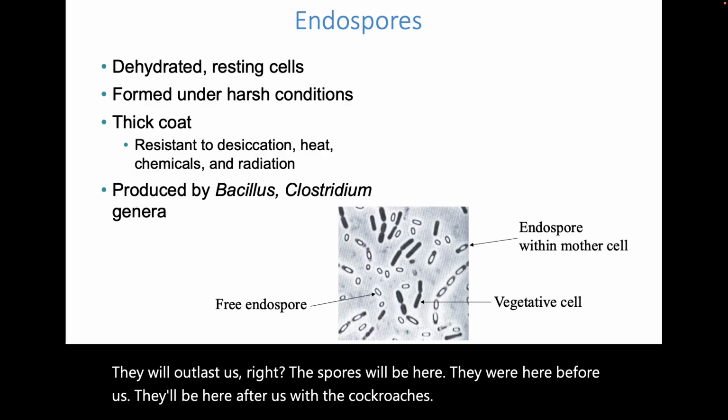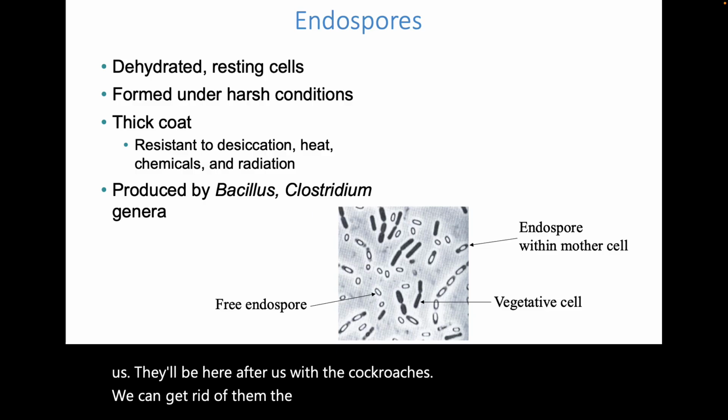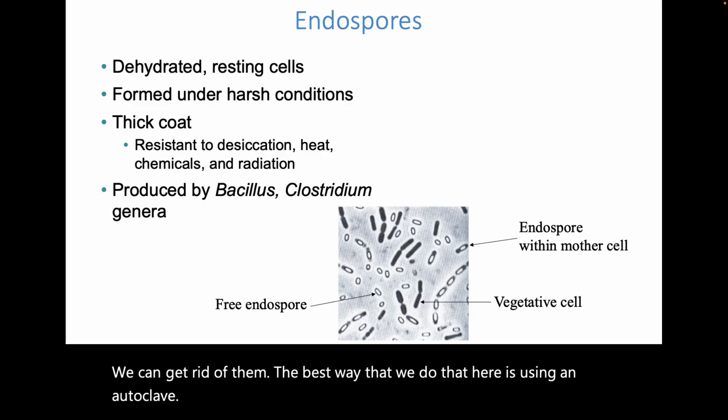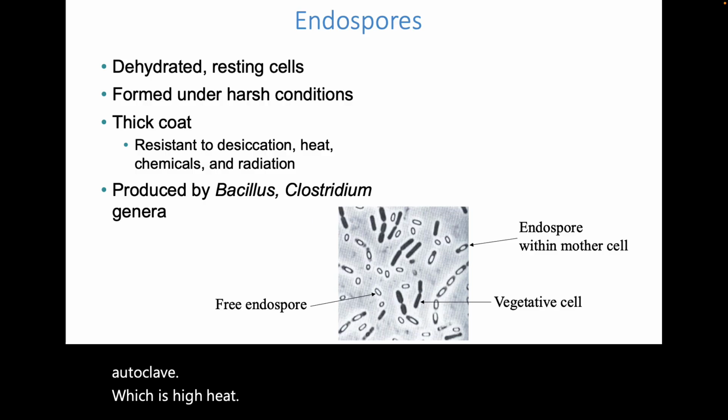We can get rid of them. The best way that we do that here is using an autoclave, which is high heat, moist heat under pressure. You can get rid of them using various gases like ethylene oxide.